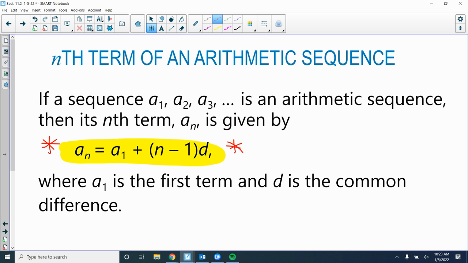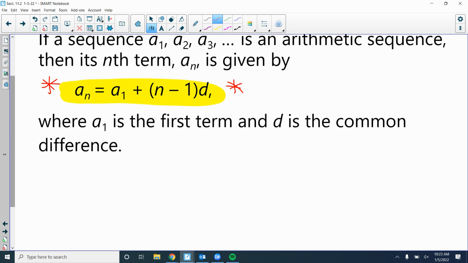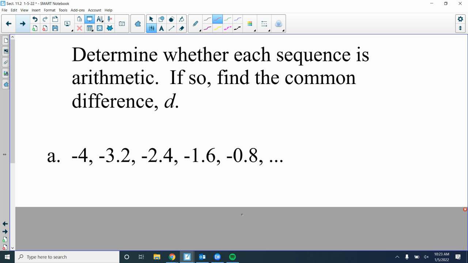So a sub n equals the first term plus n minus 1 times D. So you're just basically adding. That tells you, if I want the 11th term, that means you added that common difference 10 times. Okay, so you can figure that out. a1 is the first term. D is the common difference.